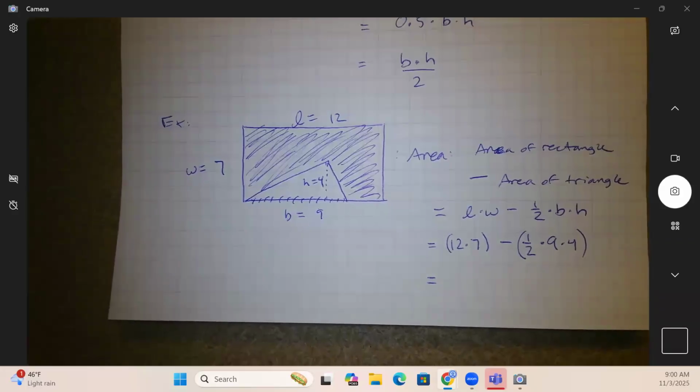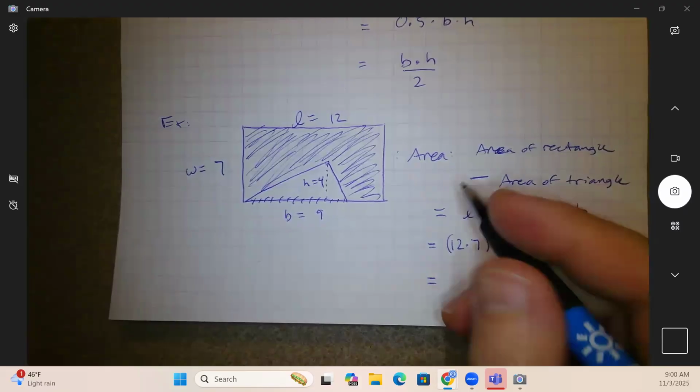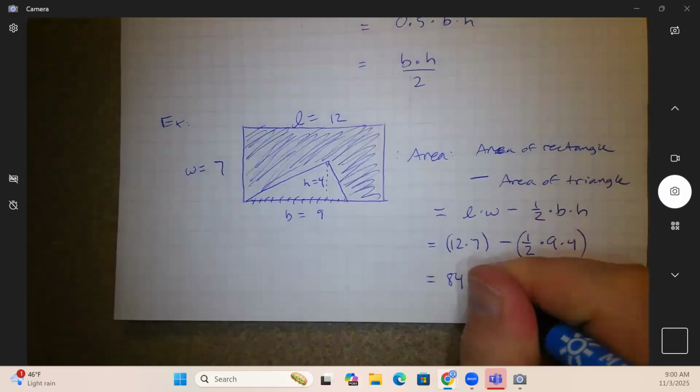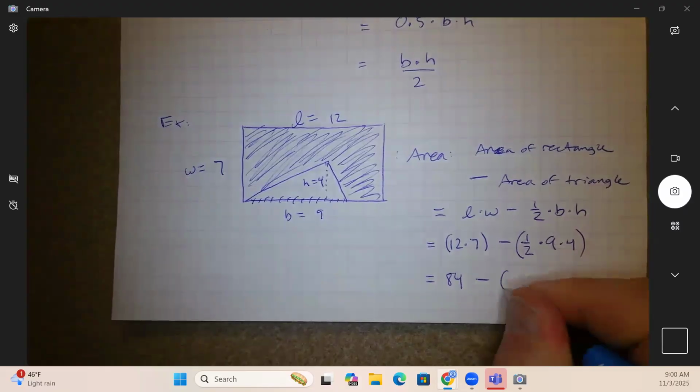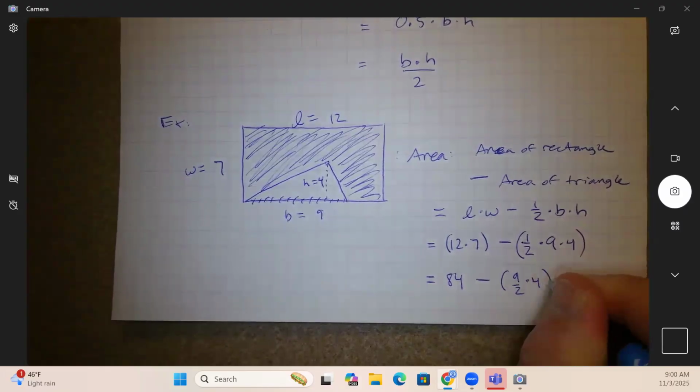And now I'm back to what we were doing at the beginning of today's class. I'm doing a more complicated algebraic expression where I have a bunch of numbers, some of them are fractions, and I have some multiplication and some subtraction. And I'm evaluating, so I'm going to do the multiplications first. So 12 times 7 is 84. 1/2 times 9 is 9/2 times 4.